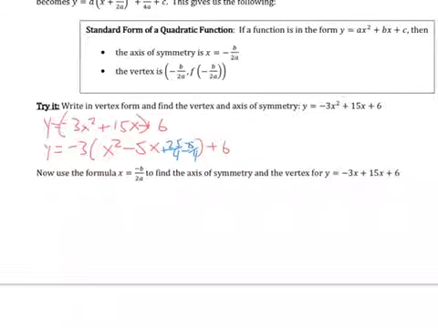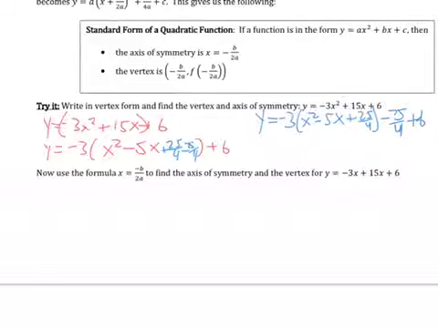We can continue. Let's pull out this minus part, and we're going to have negative 3 times x squared minus 5x plus 25 fourths, and we're going to pull out negative 3 times negative 25 fourths, and that's going to be negative 75 fourths plus the 6.